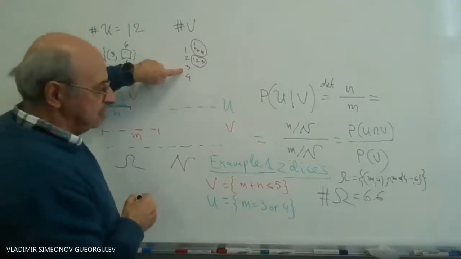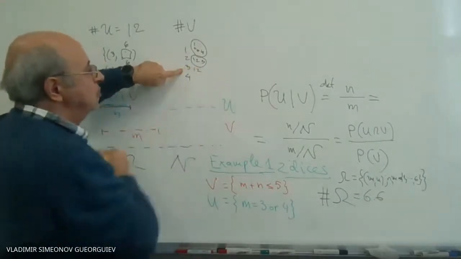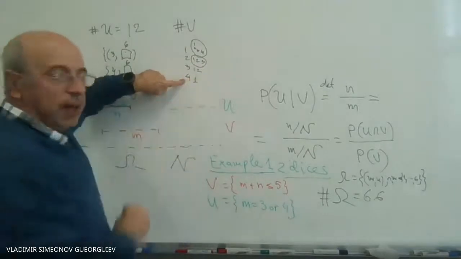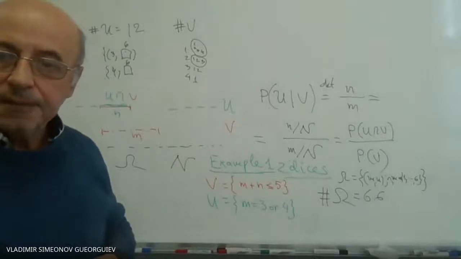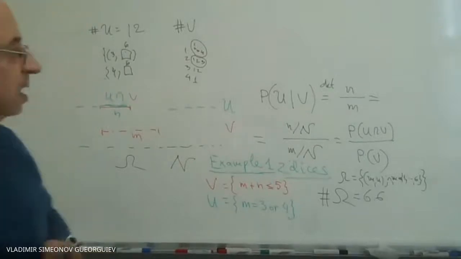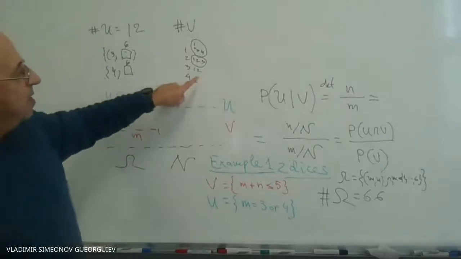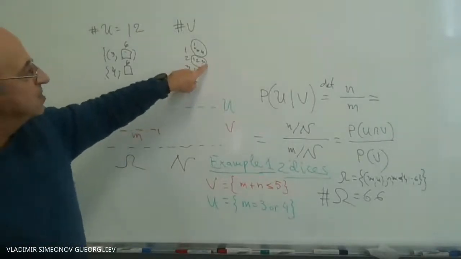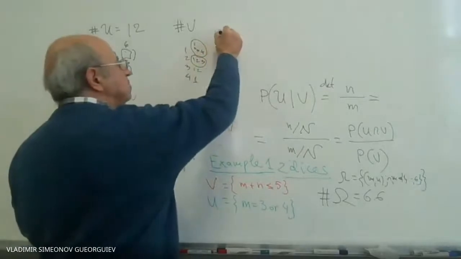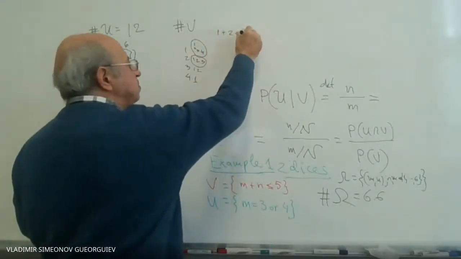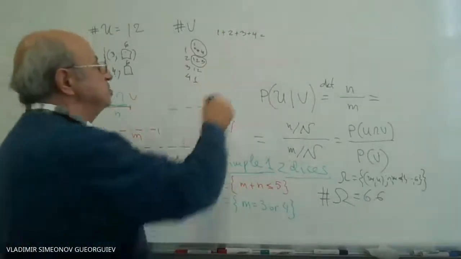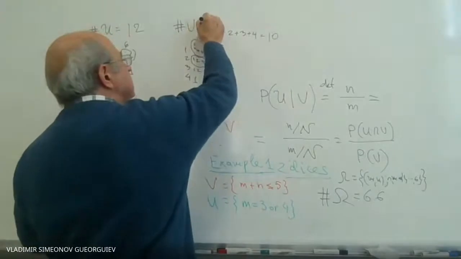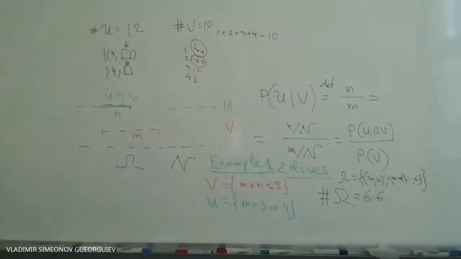If this is 3, we have 1 and 2, and if this is 4, this is 1. And as you can see in the chat, Martina already suggested 4 plus 3 plus 2 plus 1. What is the sum? Exactly what Martina suggested, 10. So this set has cardinality 10.